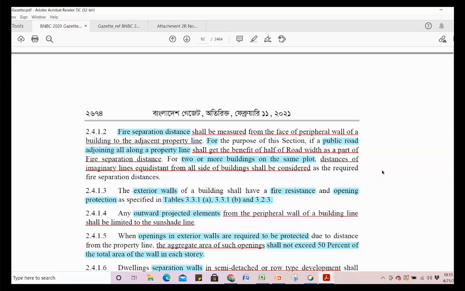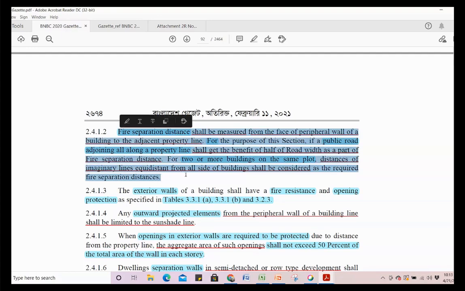Actually, this all will create a reference for the built volume later on. Since this is about the setback, as you can understand, this particular subsection is about the setback.